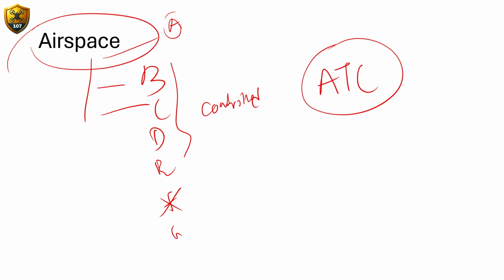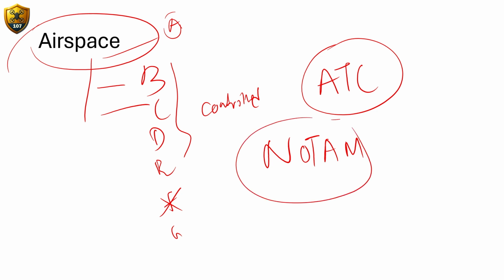And also there's something called NOTAMs. NOTAMs is notice to air missions, right? So these are updates that take place, and sometimes a specific area can be temporarily used as some kind of airspace.